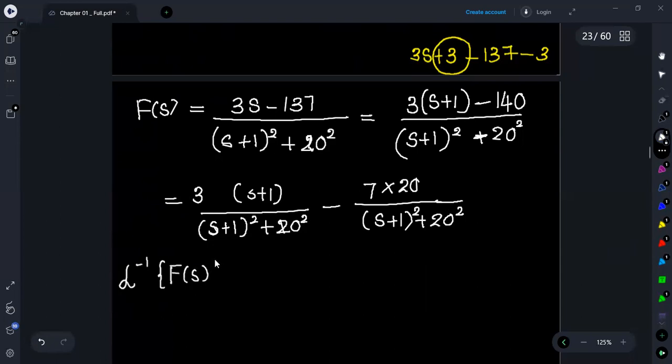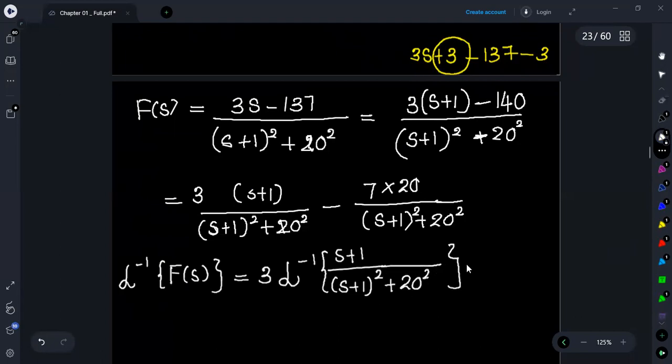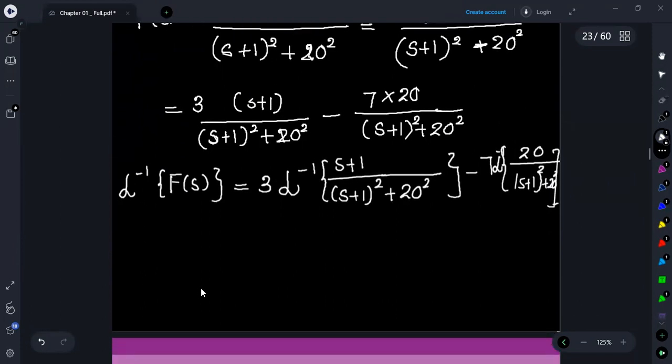Capital F of s is equal to, we can keep this 3 out, L inverse of s plus 1 over s plus 1 to the power 2 plus 20 to the power 2, minus 7 times the inverse Laplace transform of 20 over s plus 1 to the power 2 plus 20 to the power 2. So we can take the inverse Laplace transforms.